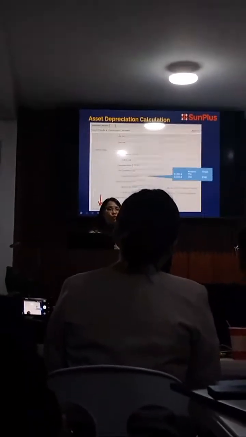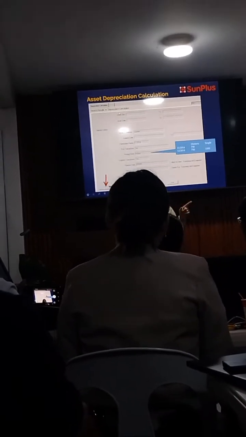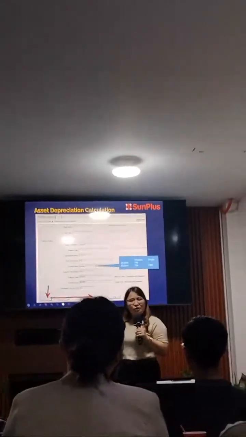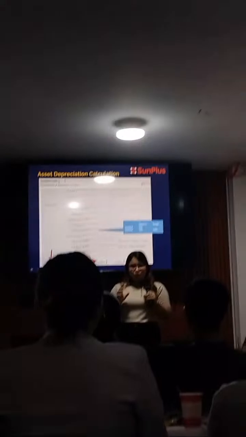The system is bright enough to know kung kailan siya nag-calculate na. It will never post again or calculate again once it has posted to a certain period. So, kahit i-run mo yan ng ilang beses, if there's nothing to depreciate, you can't even run. Okay? So, you are sure. Buti pa daw yung system, right?